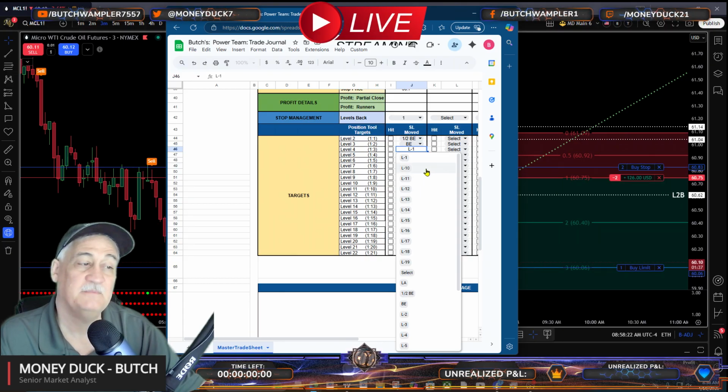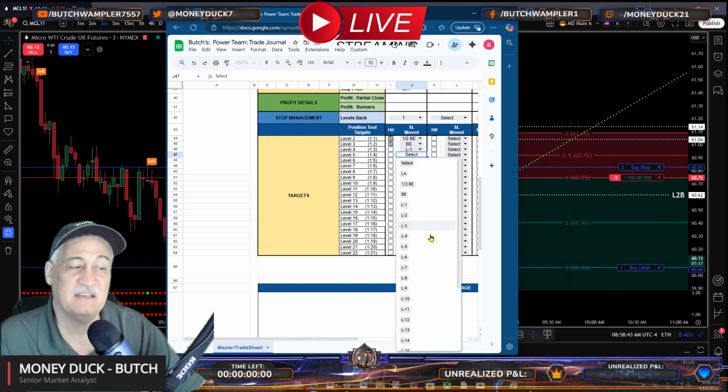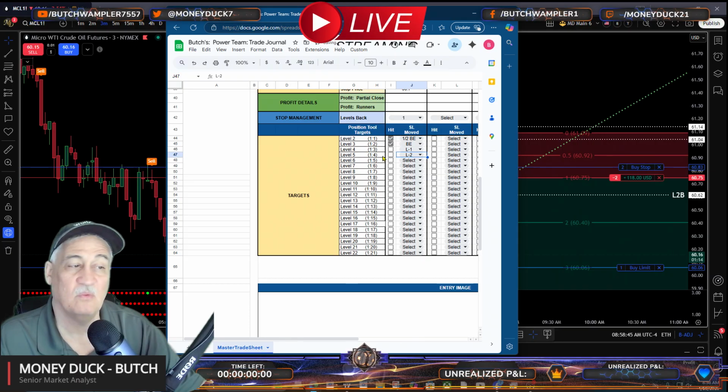So you can have those all set ahead of time, and then as it hits take profit level 2, you need to move your stop to the halfway point. As it hits level 3 and closes out this next contract, we know that we want to move our stop to a break-even point. So you can set these up ahead of time: if it hits level 1, level 5, where are you moving your stop to?